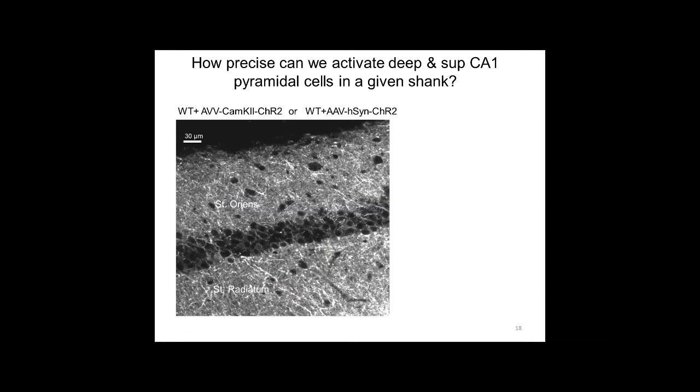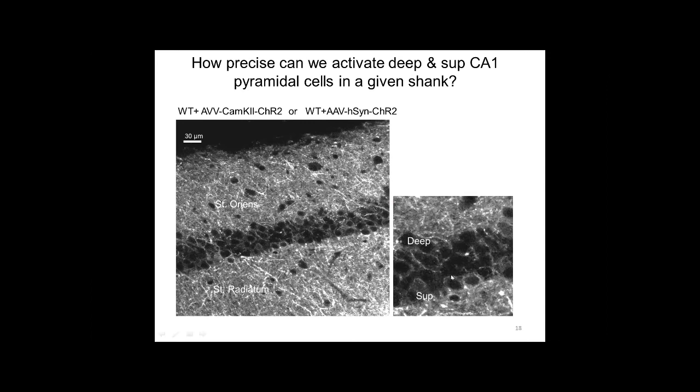I also spent some time showing you how challenging it is that we have this deep-superficial organization really packed in the CA1 region. It's just a matter of tens of microns from the most superficial layer to the most deep layer. Probably this is one of the most challenging dissections that you are facing.